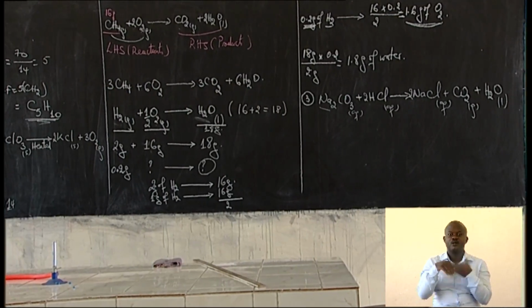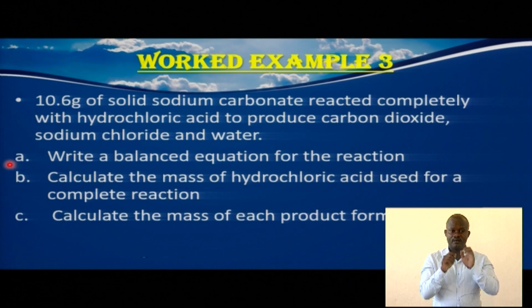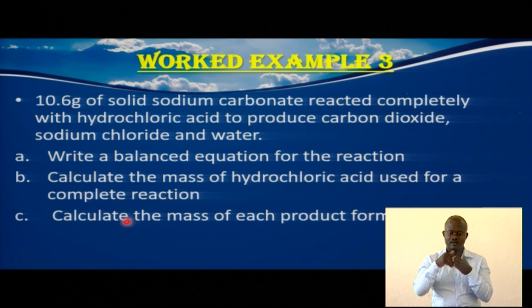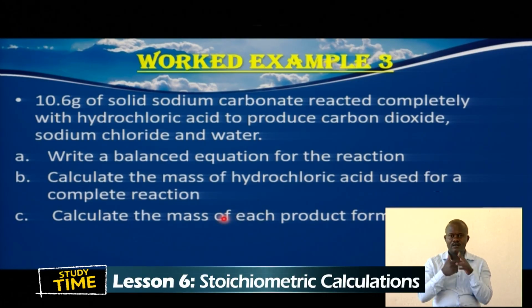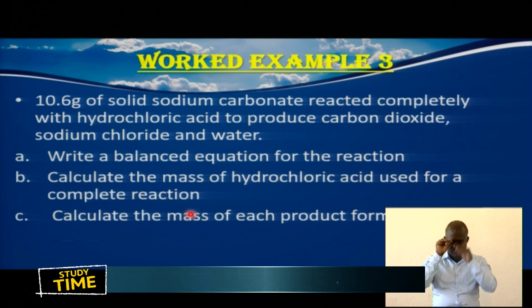And with the balanced equation, that is sub-question A, you can calculate the mass of hydrochloric acid needed for a complete reaction, and you can also calculate the mass of each product formed. It is very simple. This is what you will do as your assignment, and we will start with this one when we are studying the next lesson.